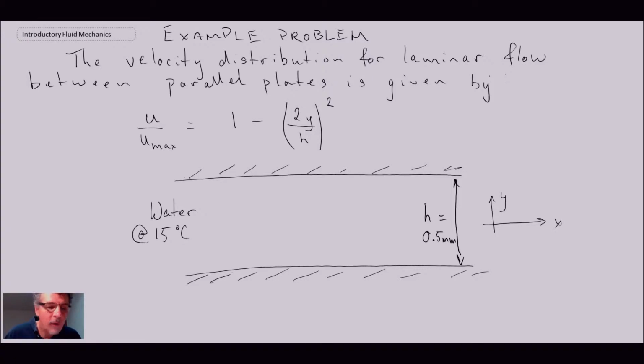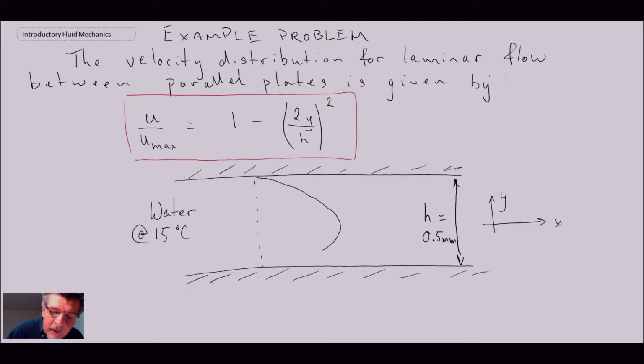Okay, so we have water flowing, and then looking at this profile that we have defined by the equation, this is a parabolic profile, and this flow we call it plane Poiseuille flow. But we get something that looks like that. And then here at the center line we would have u max, which appears in the equation that we have.